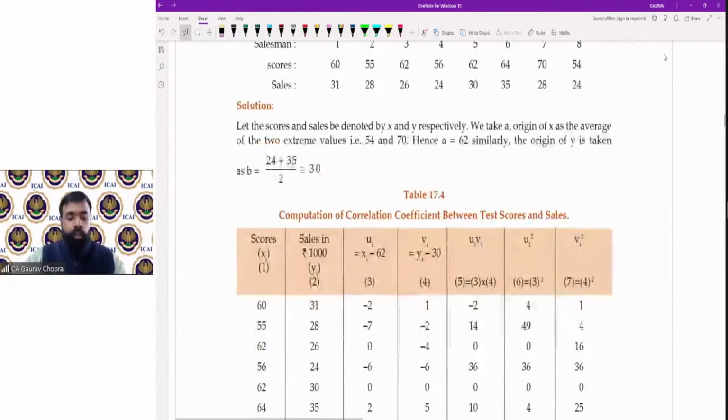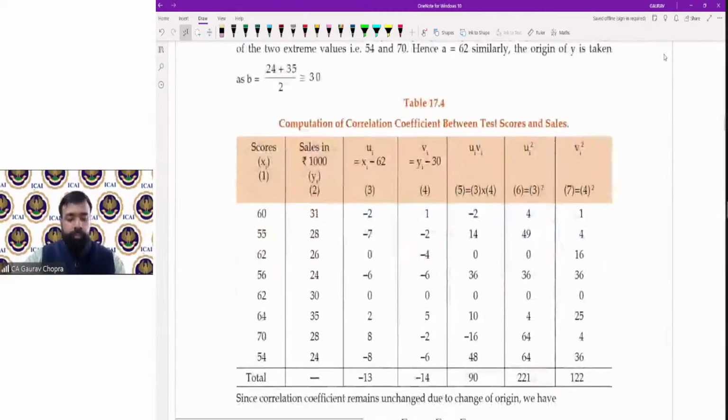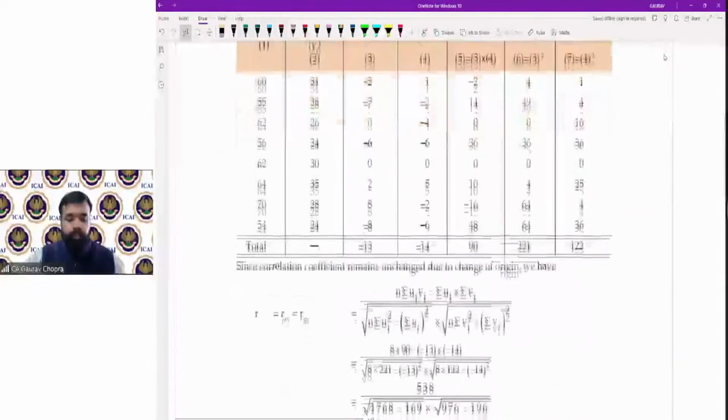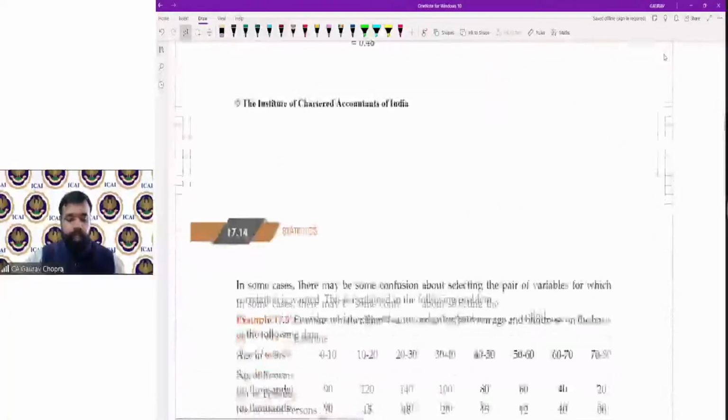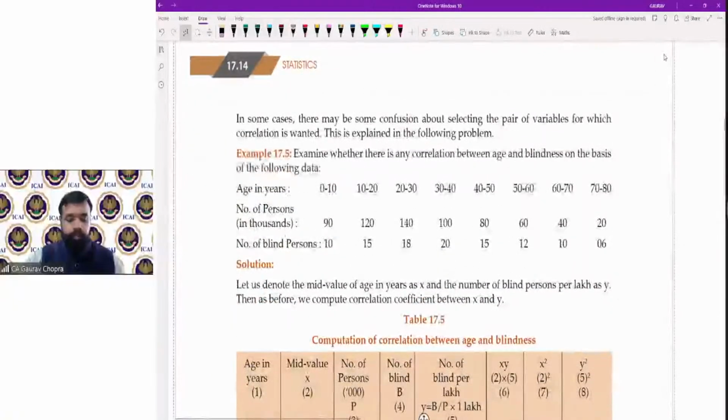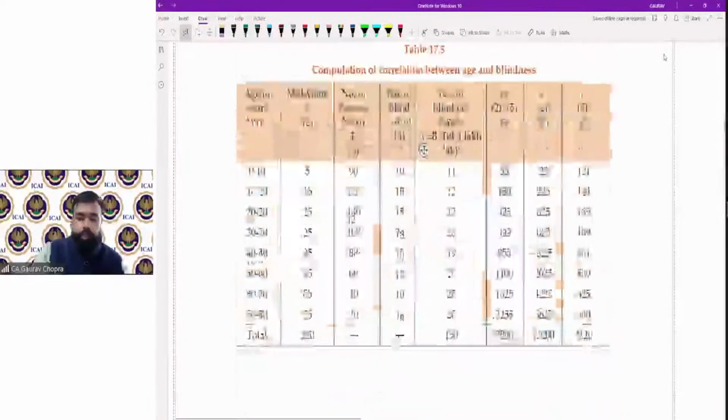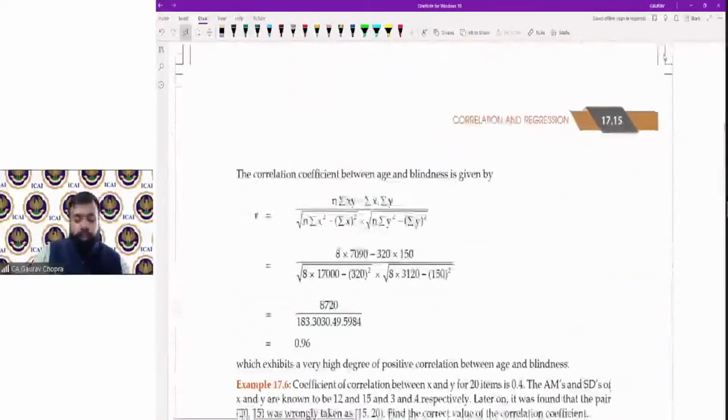So this fourth one is similar kind of question. This can be done easily. Then this frequency question is not relevant.